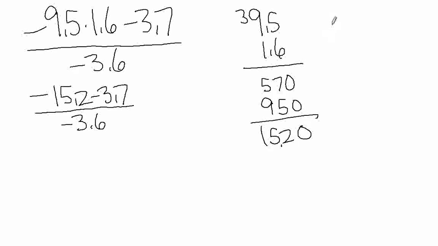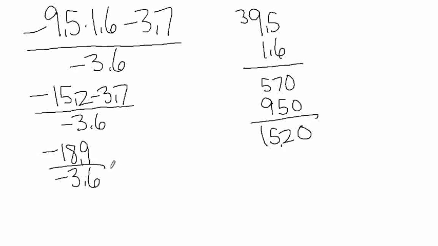So let's find negative 15.2 minus 3.7. That is negative 18.9. So we could make that substitution. All right, now we see that we have two negatives, so the answer is going to be positive.